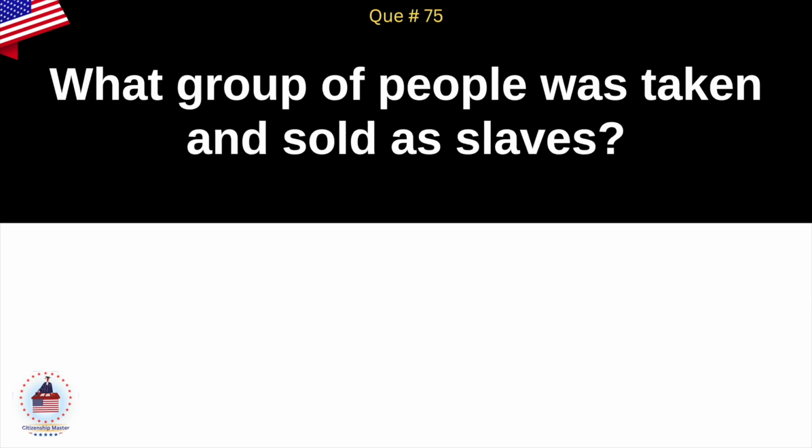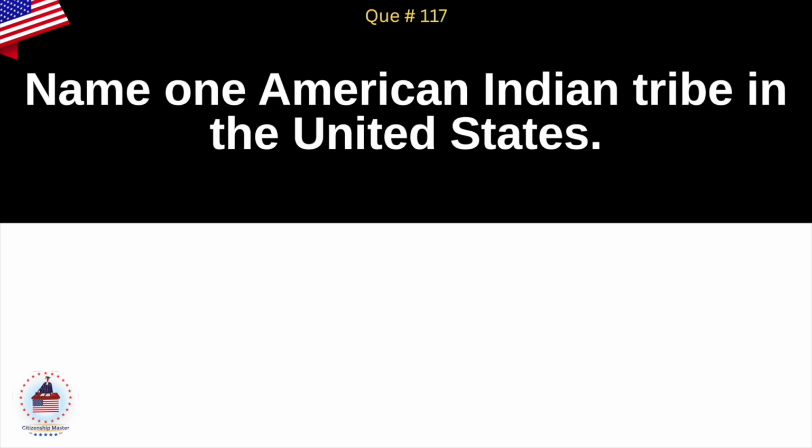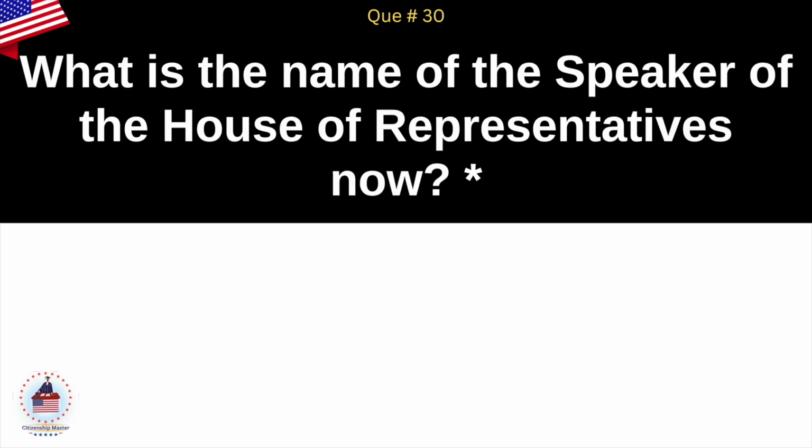What group of people was taken and sold as slaves? Africans. Name one American Indian tribe in the United States. Cherokee. What is the name of the Speaker of the House of Representatives now?